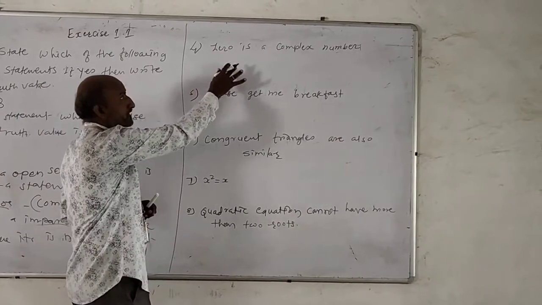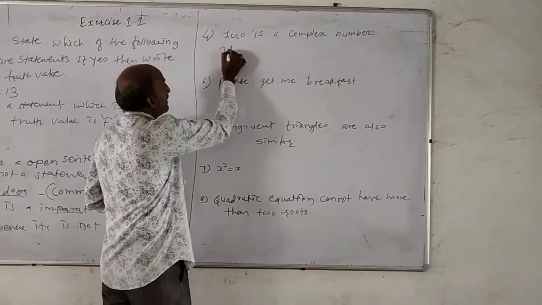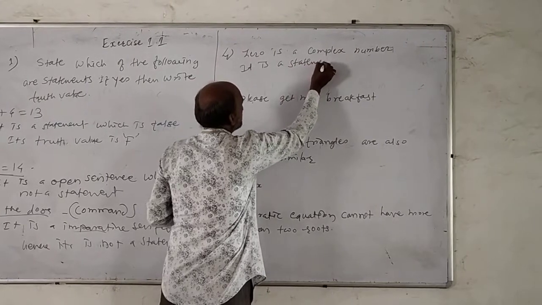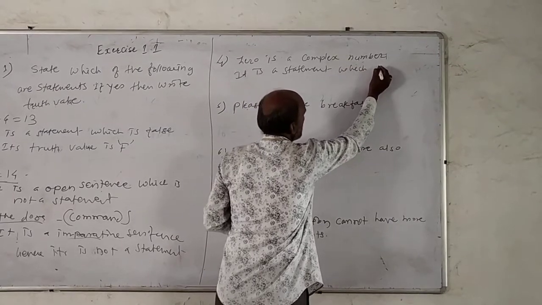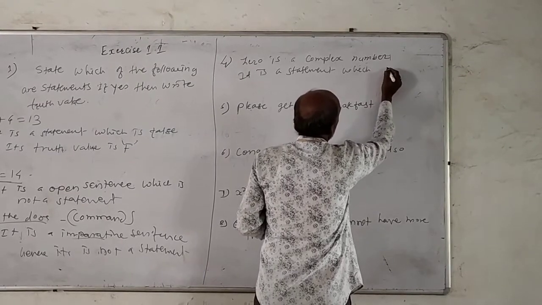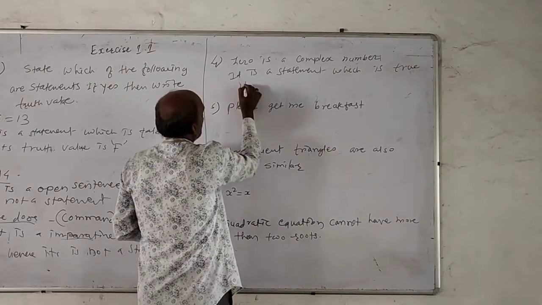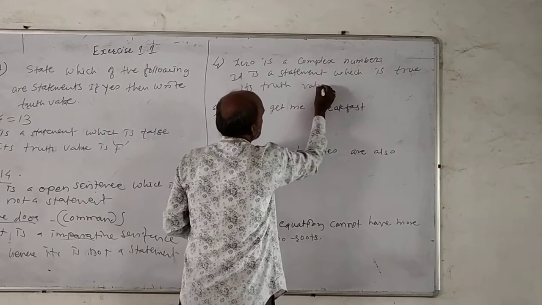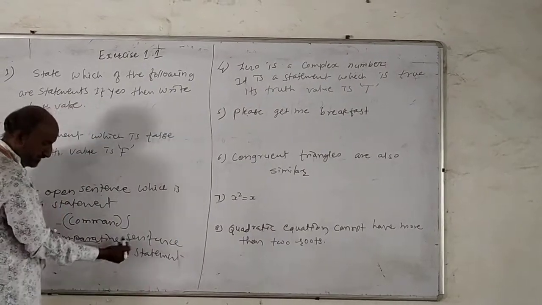You have to find out whether 0 is a complex number. This is a statement. Yes, it is a statement which is true, then its truth value is T. Whenever it is a statement, write the truth value.